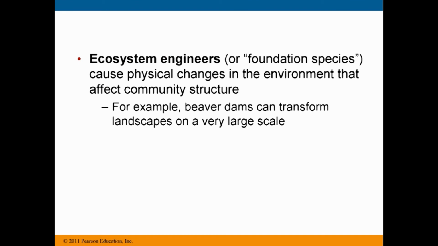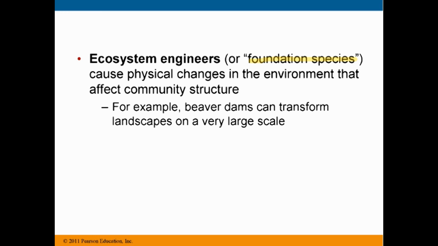Ecosystem engineers, also called foundation species, can cause physical changes in the environment that can affect community structure as well. Foundation species are not always found within a community, but when they are, they can exert a lot of control over other species found within that community.